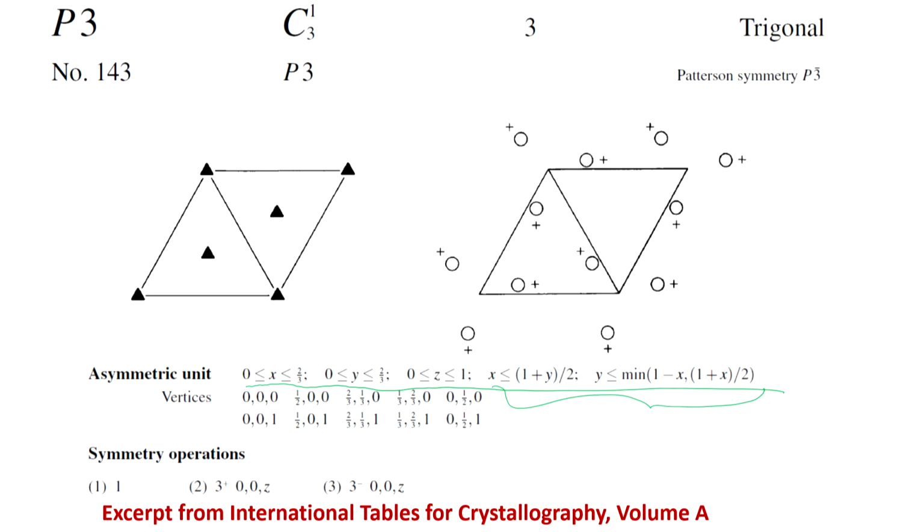Now, if I join this, this becomes the asymmetric unit in this case. So, I am trying to point out here that the asymmetric unit need not be a rectangle or a square or a triangle, it can be a more complicated shape.